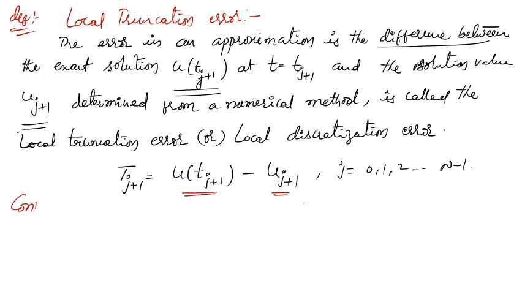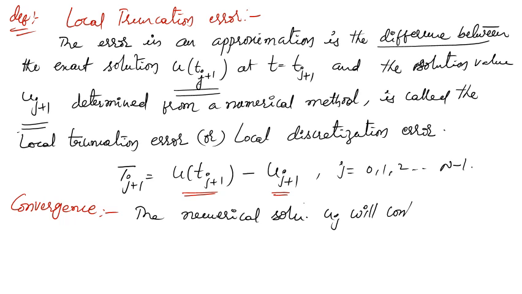And the next one is convergence. What is the definition of convergence? Clearly the numerical solution u_j will contain errors.